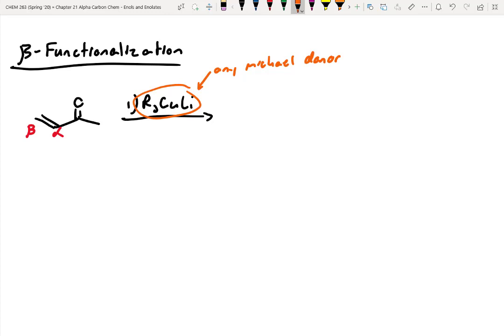It could be any one of those. This is just an example I'm choosing to use for simplicity. And then in step 2, we can treat this with water. And then by reacting this, we're actually able to install a new group off of the beta position of our alpha-beta unsaturated ketone.